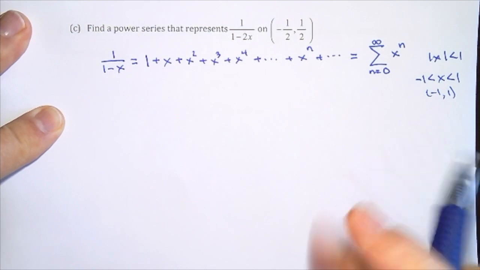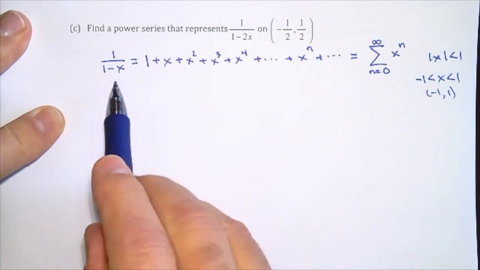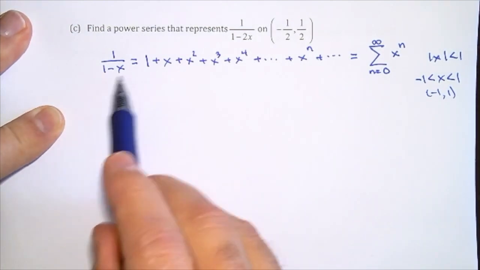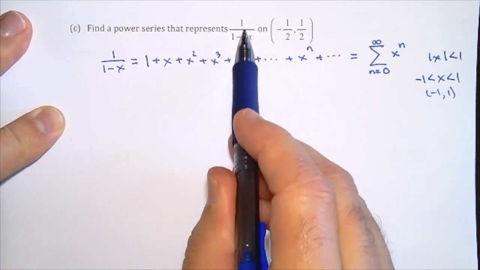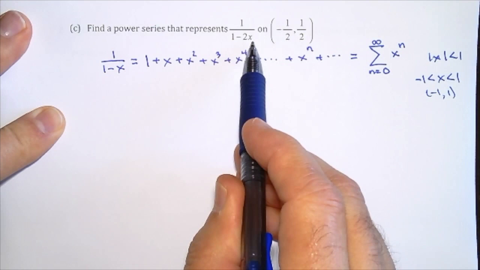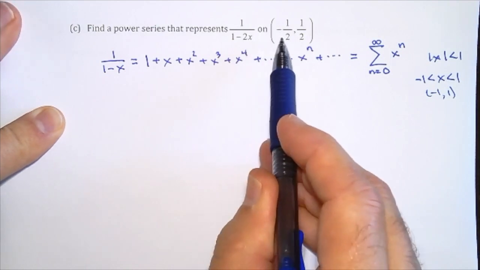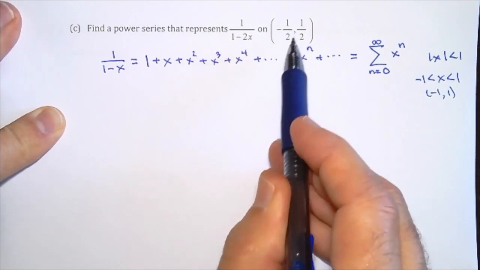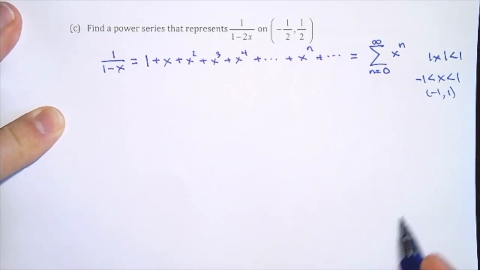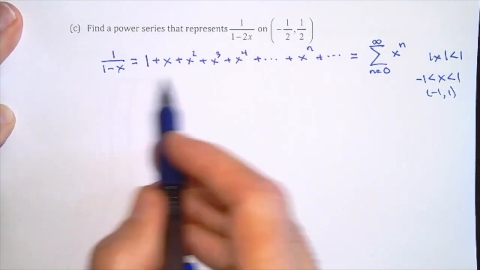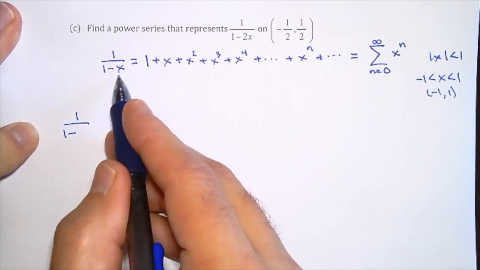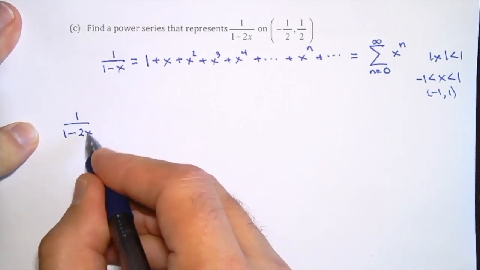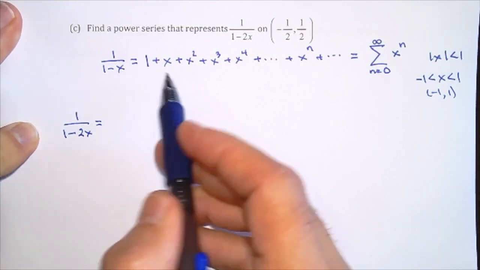Now, everything else that we're going to do here spins off of this one, and we just look at it different ways, like what is your r? So in this case, we have 1 over 1 minus 2x, and we want to show that it converges on the open interval negative 1 half to positive 1 half. So we can use this fact that 1 over 1 minus, but instead of x, we're going to put 2x, and that's equivalent to this.